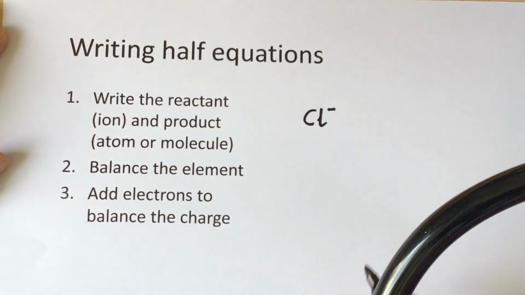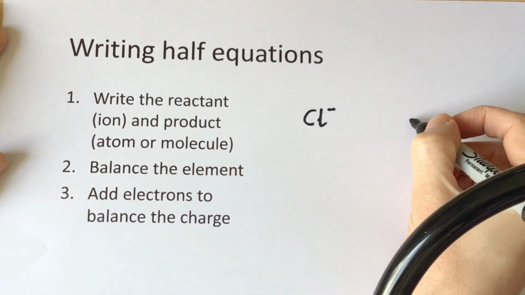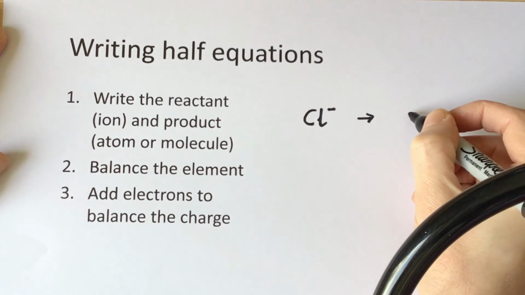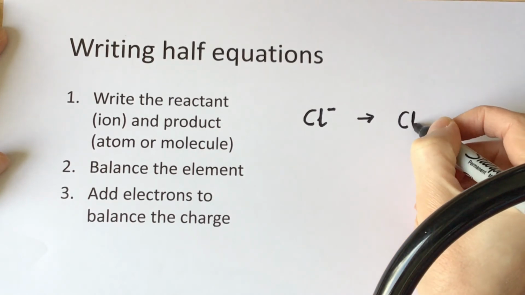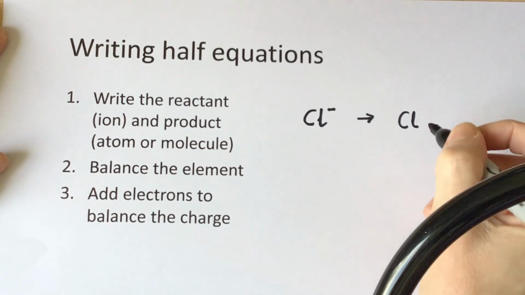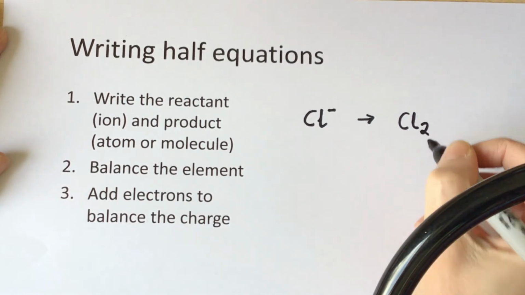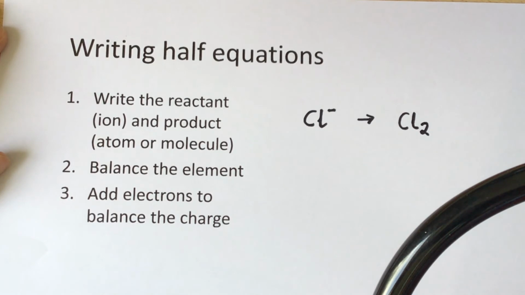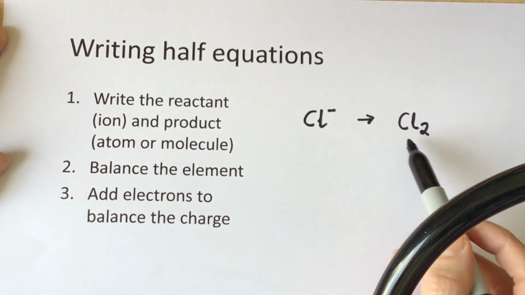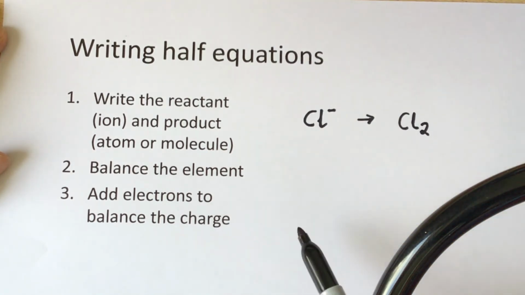So it's a Cl- ion, and in electrolysis it's converted to chlorine atoms. But we never just see chlorine atoms by themselves. They're always as chlorine molecules, so Cl2. So we've done step 1. This is our chloride ion, and this is our chlorine molecule.